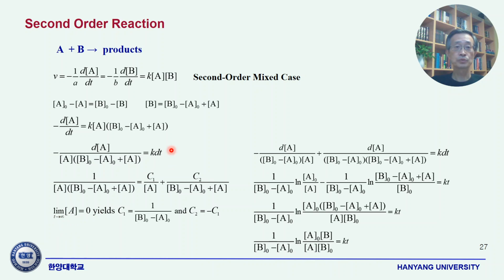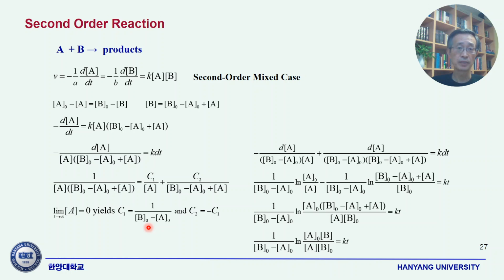When t goes to infinity, the reaction goes to product and A is assumed to be 0. If A is assumed to be 0, you multiply both sides by A. Then C2 times A goes to 0, and on the other side you cancel A from the denominator and numerator, so C1 equals 1 over B naught minus A naught.